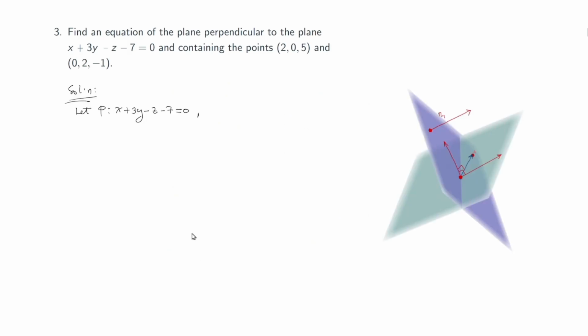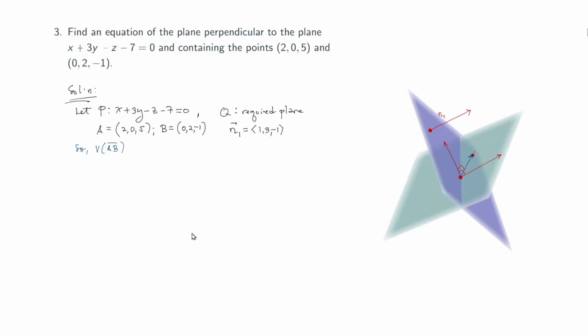First, we let P be your given plane, and then the given points as A and B respectively. Then we let Q be your required plane, and by this, we can obtain the normal vector for this plane. Your normal vector for this plane P is equal to (1, 3, -1). So that's these coefficients.